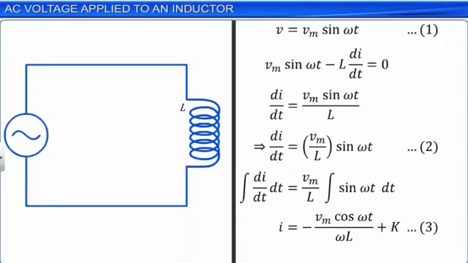Since we know that the voltage source is supplying a time-dependent voltage, which is symmetric about 0, we can assume the same to be true of the current. Hence, we take the constant of integration as 0. Hence, equation 3 can be written as I equal to minus Vm cos omega t by omega L. Let this be equation 4.